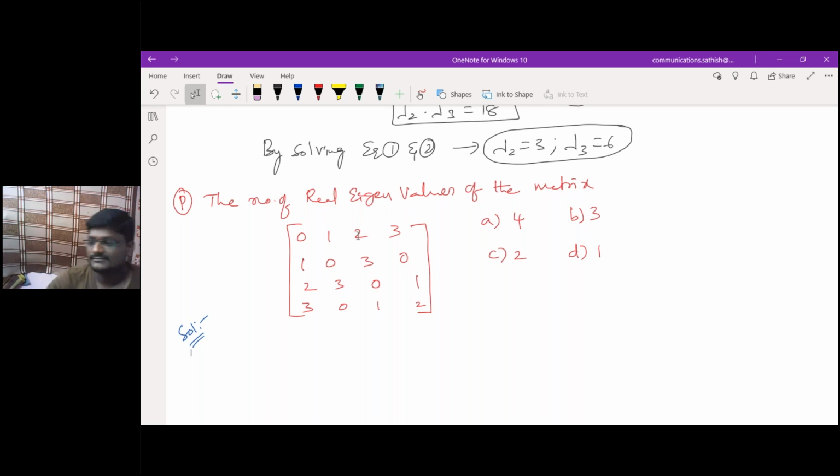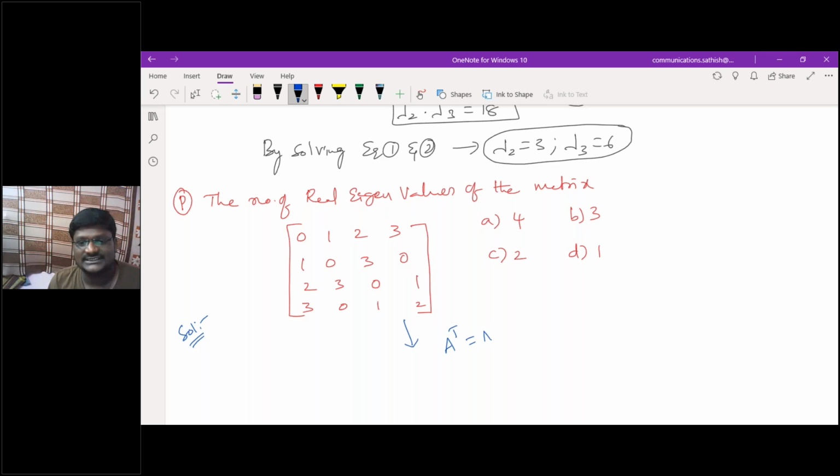Nothing is there if you try to use your common sense properly. The given matrix is what? If you observe, it is a symmetric matrix.